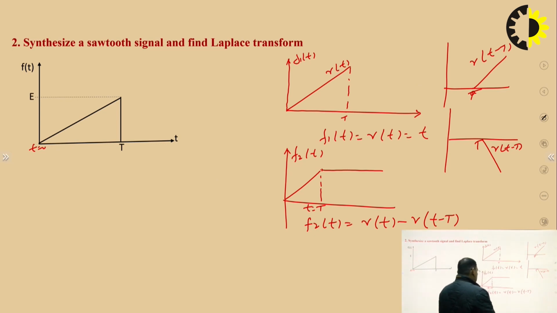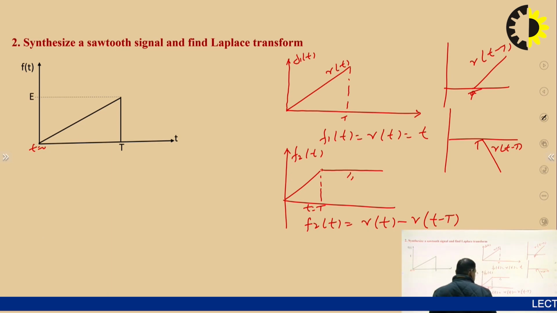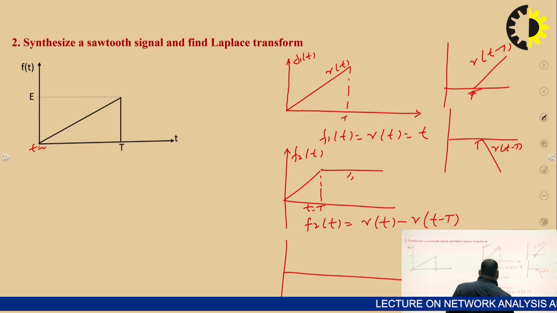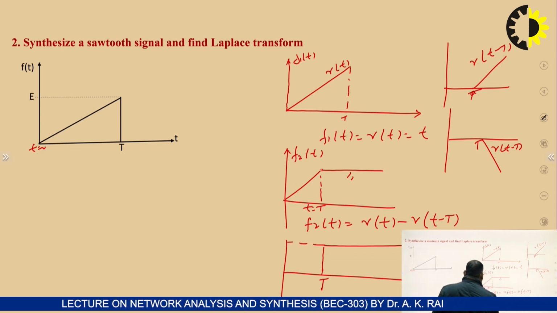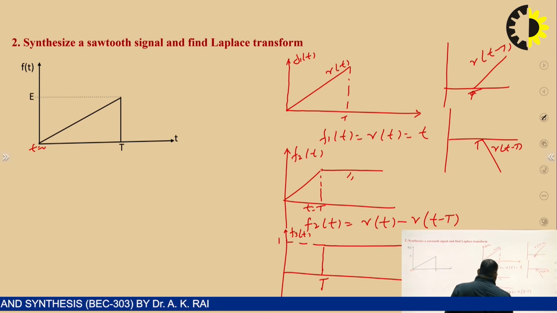Okay, now look at here. Suppose we deduct this portion from this waveshape. Suppose at t is equal to T we take this step, say this is f3(t), and this is u(t minus T).